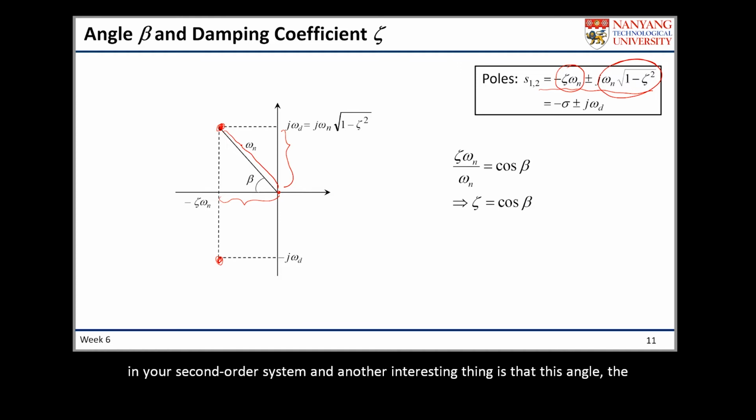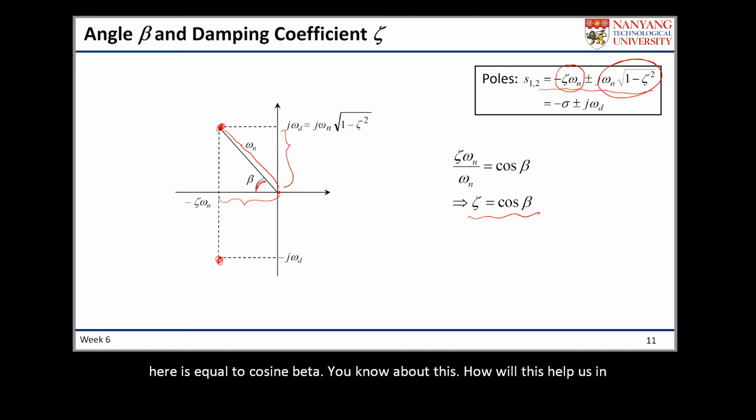And another interesting thing is that this angle, the angle formed by the line from the poles to the origin and the horizontal line, which is beta, will tell you the zeta of your system, where zeta here is equal to cosine beta.